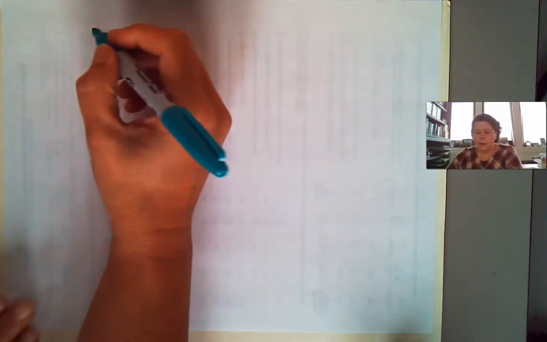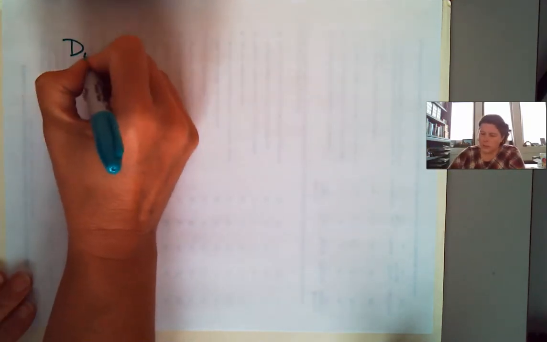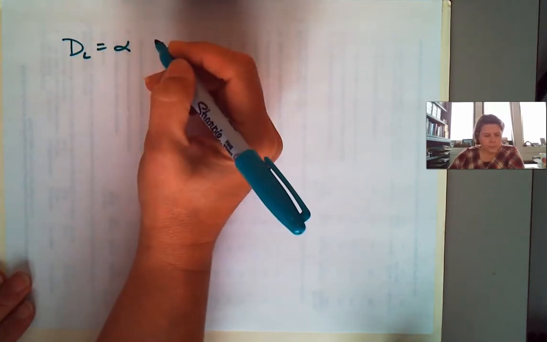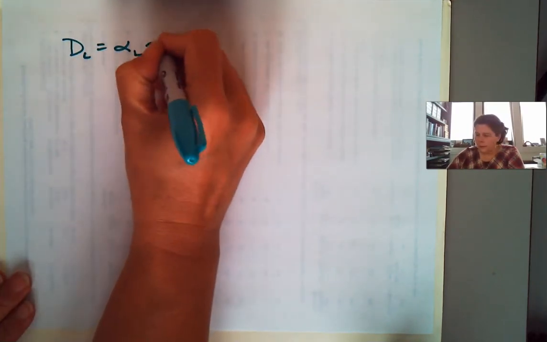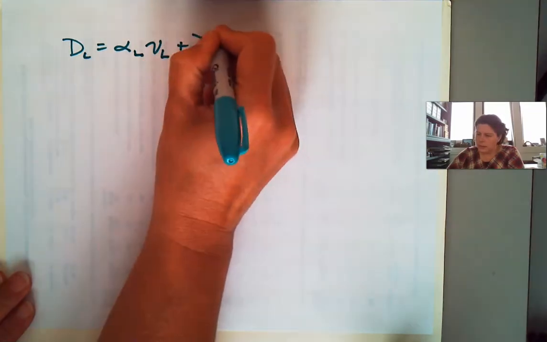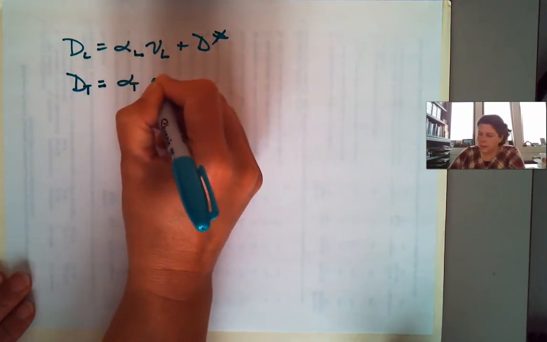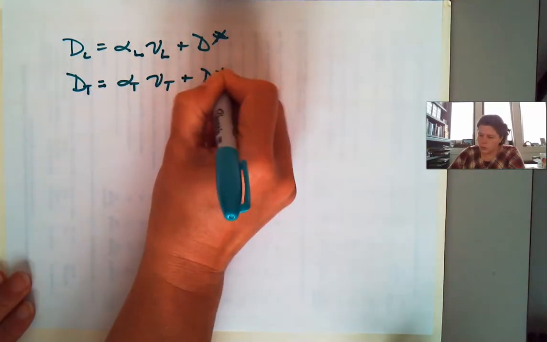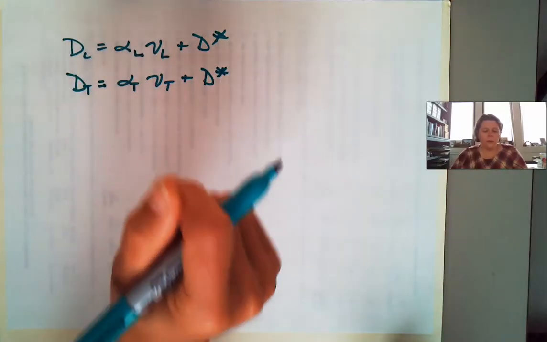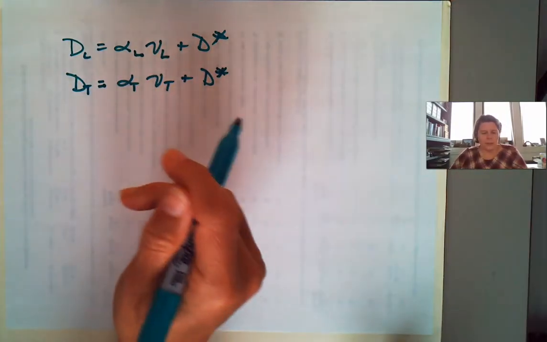So if we look at mechanical dispersion dominated systems versus diffusion dominated systems, we talked about what mechanical dispersion was and what diffusion dominated systems were, and we're going to look at the differences between those two systems. So dispersion equals alpha L times velocity plus D, and DT equals alpha T times velocity plus D. At high flow velocities, this alpha and velocity term dominates.